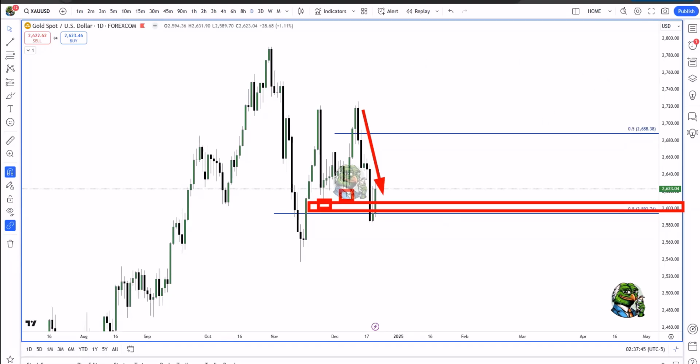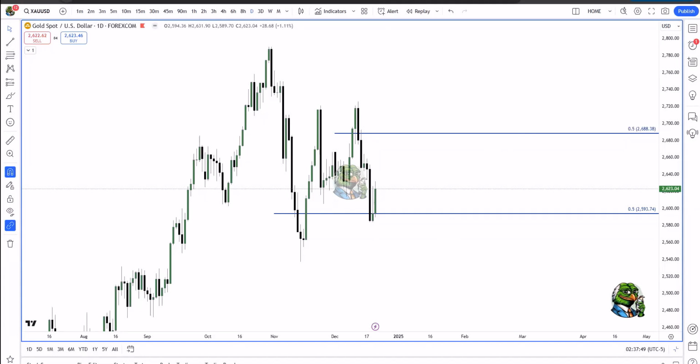Now, once we've achieved that higher time frame objective, what has the market done? The market has now come down into this discount, on the bottom end. So discount is a fair value gap below the market. We've gone from premium, swing high and bearish fair value gap, down to a bullish fair value gap on the lower end of that range.